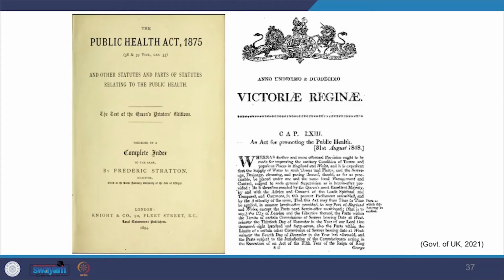Further, following all this, in 1872 the Public Health Act came in, where appointment of a medical officer was made compulsory in urban areas.